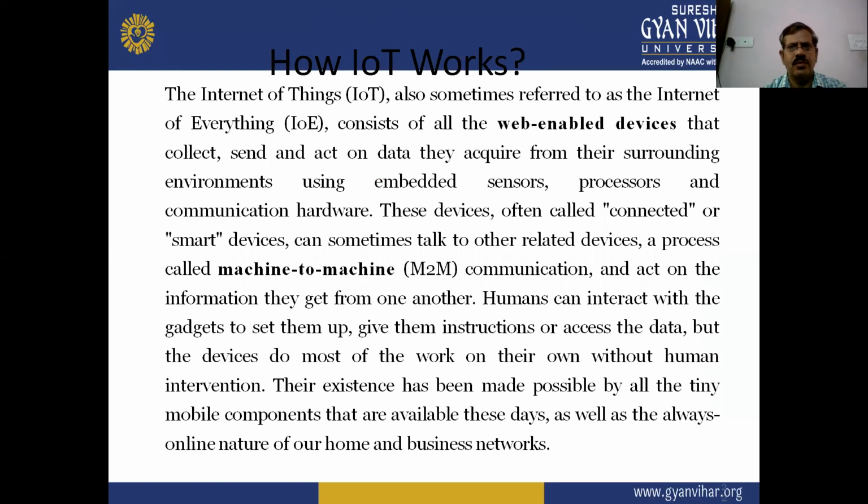How does IoT work? The Internet of Things, IoT, also sometimes referred to as the Internet of Everything, IoE, consists of all the web-enabled devices that collect, send, and act on data they acquire from their surrounding environments using embedded sensors, processors, and communication hardware.